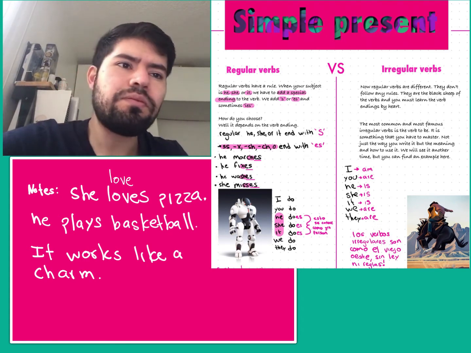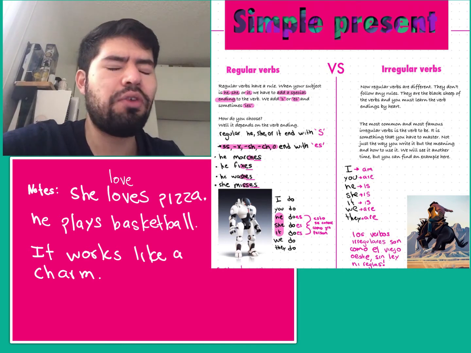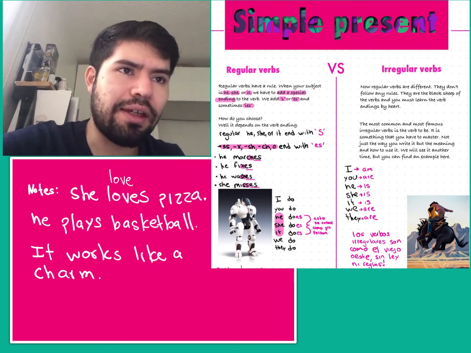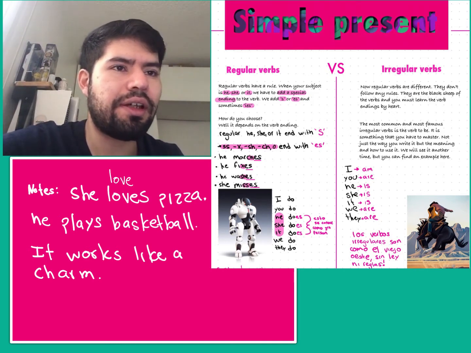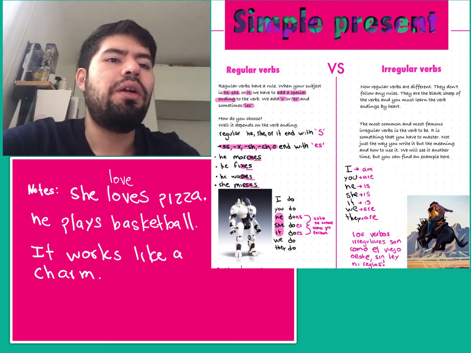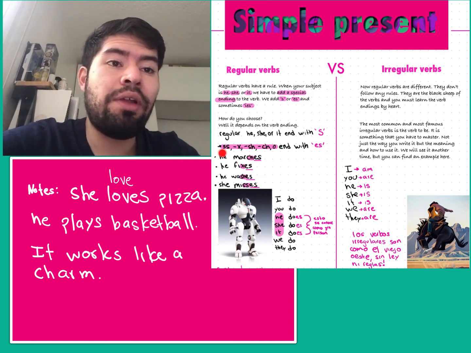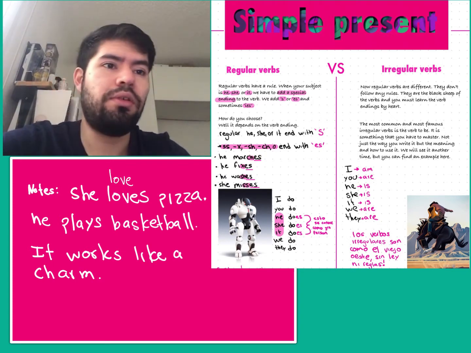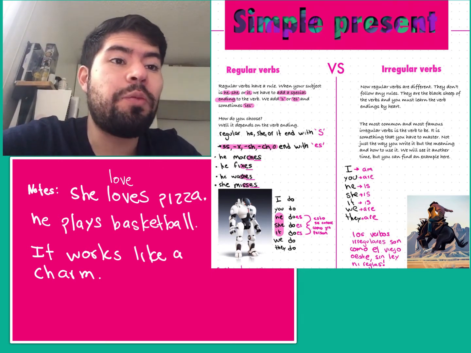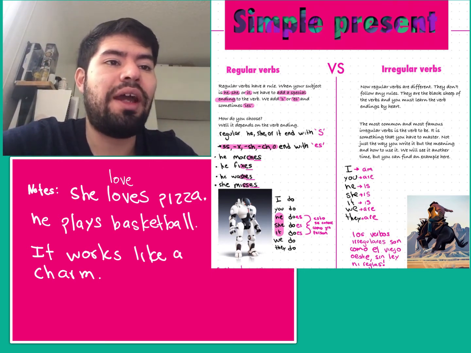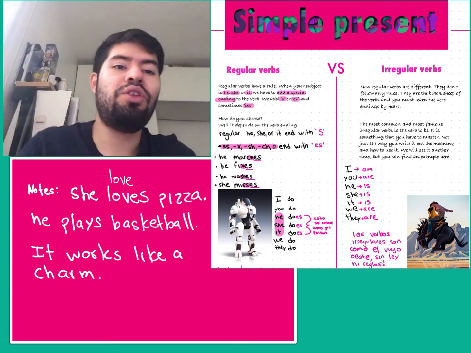Ahora, ¿en qué ocasiones le tengo que agregar ES? When the verb ends in double S, X, SH, CH, or O, we have to change it and add an ES, not just an S anymore.